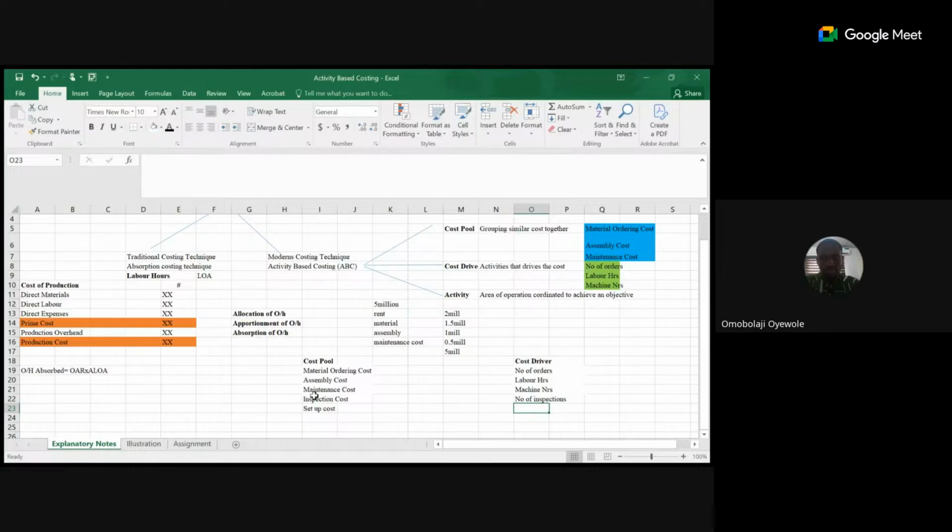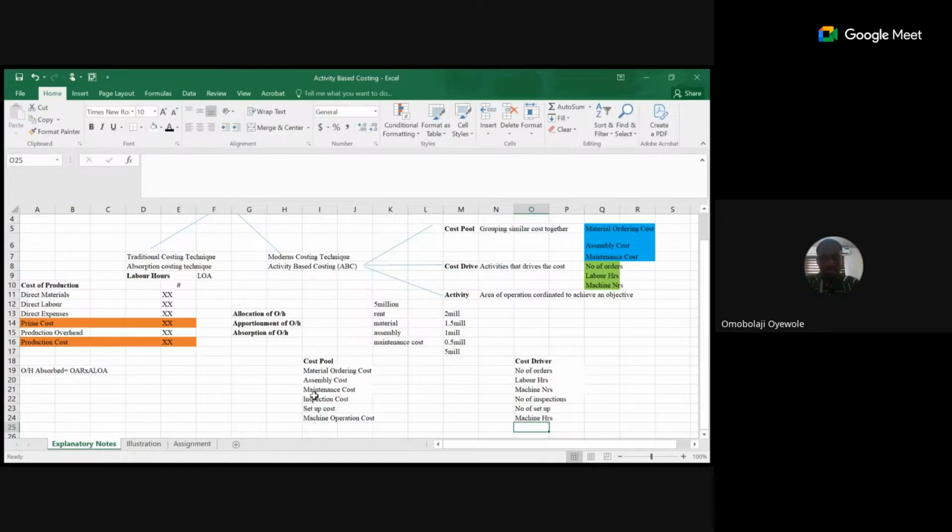That will be the number of setups. Another cost pool could be machine operation cost. Now, what will be the cost driver? That will be machine hours. So for every cost pool, there is a cost driver. So let's take notes.